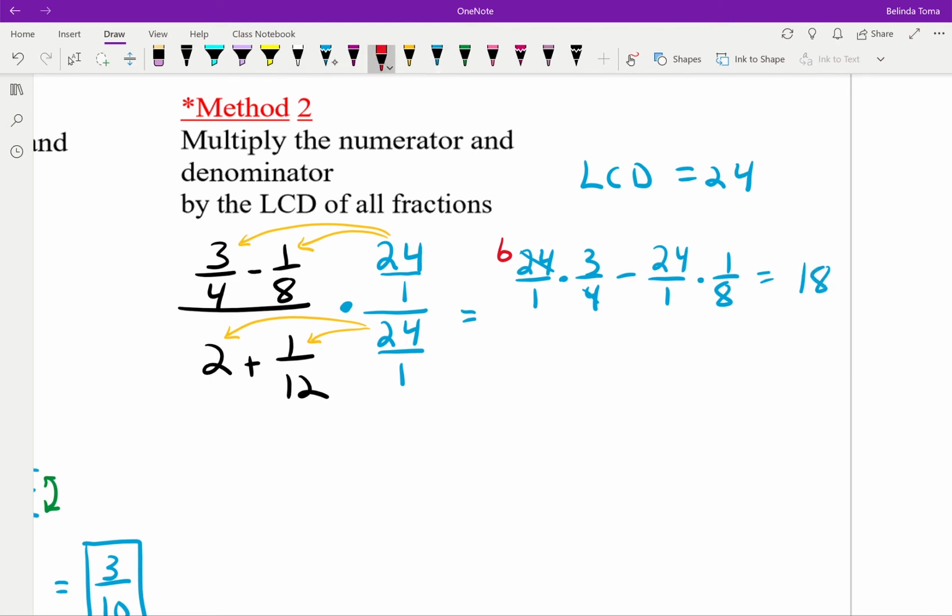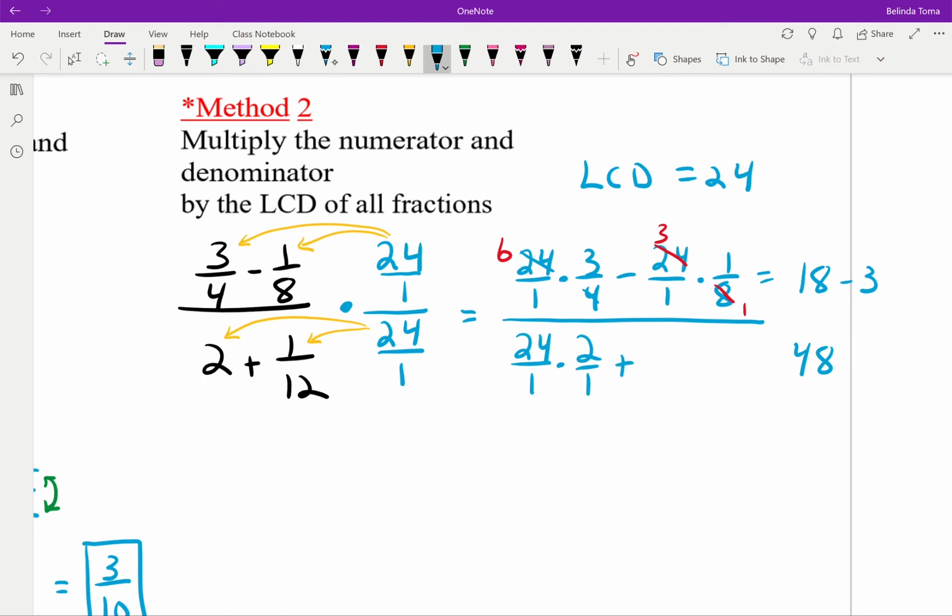And here, 24 divided by 8 is 3. So I'm going to have minus 3 in the numerator. And then for my denominator of the complex fraction, again, when I distribute that 24, I'm first distributing to a number, 2 over 1, so that's going to just give me 48.